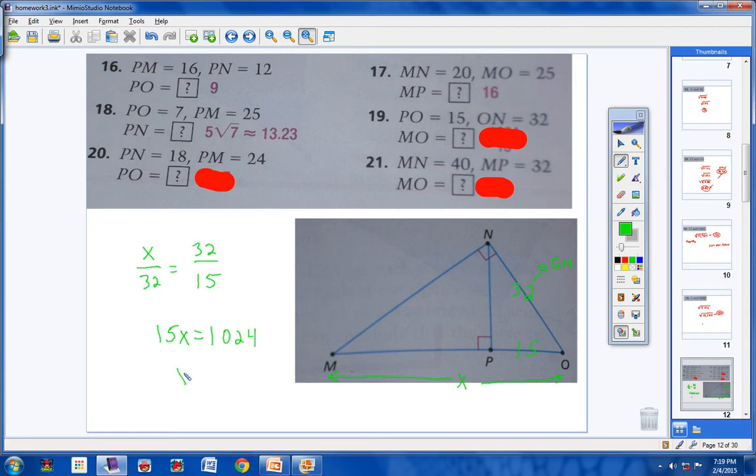And then divide both sides by 15, and you're going to get 68.266666, so 68.27. And they're leaving it there as a fraction, which is fine. I'm going to put 68.27. That's rounded, of course. Okay. Alright, moving on. Number 20.